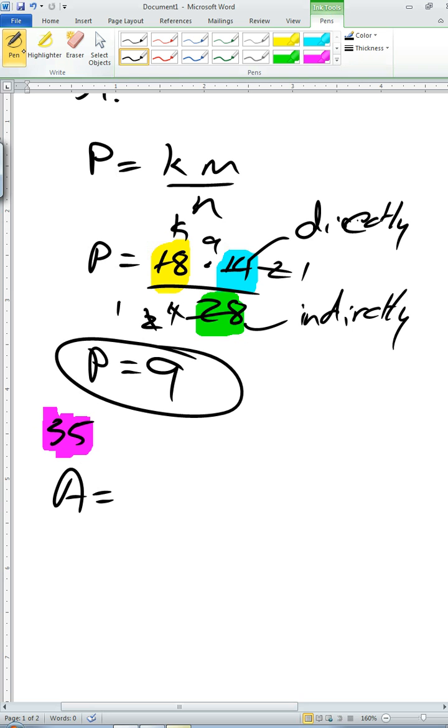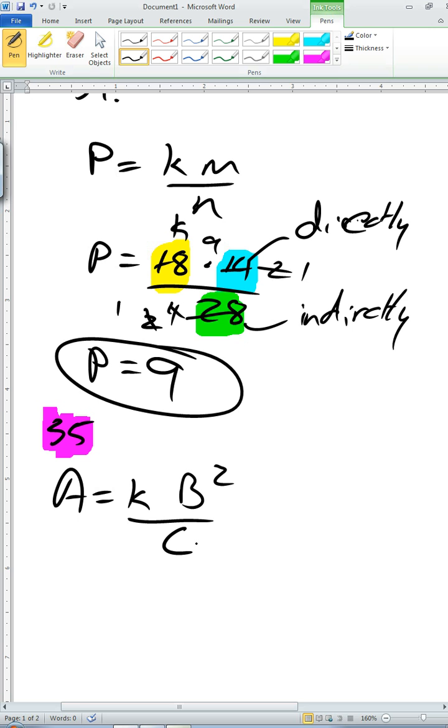In this one it says A varies directly as the square of B. So we always have our constant. It varies directly as the square of B, and inversely with C. So we know we have C right there. Remember, this is our direct part up here, our indirect part down there.